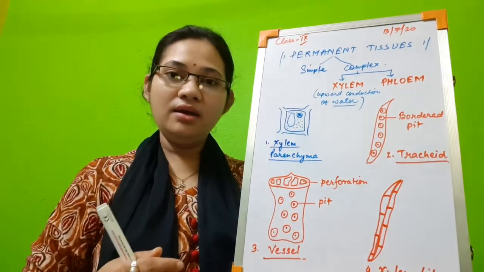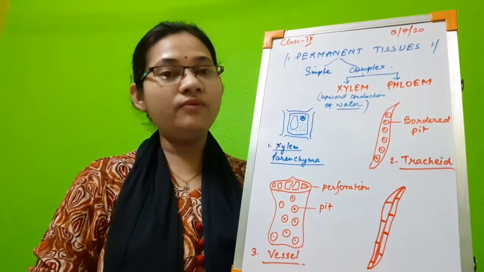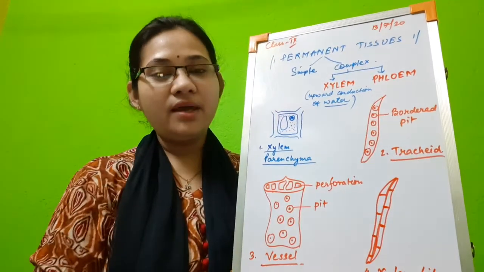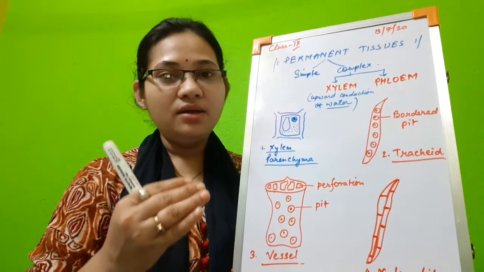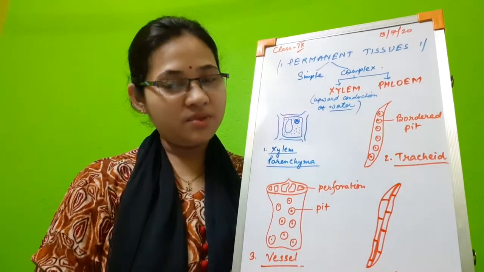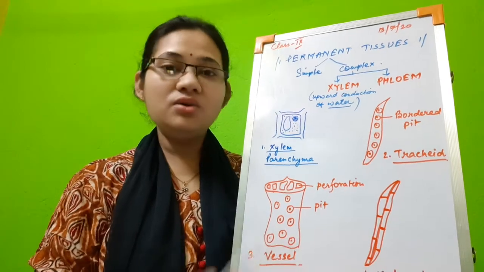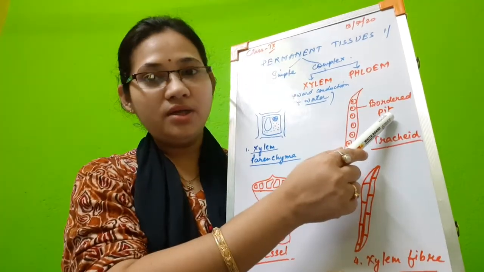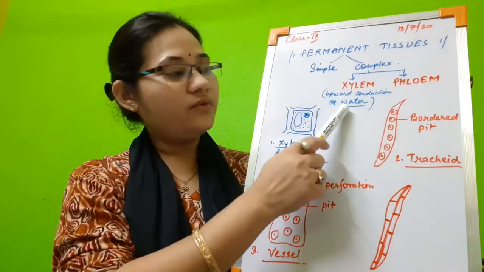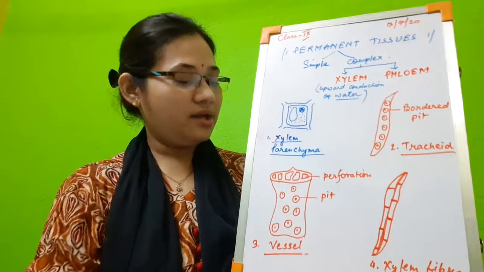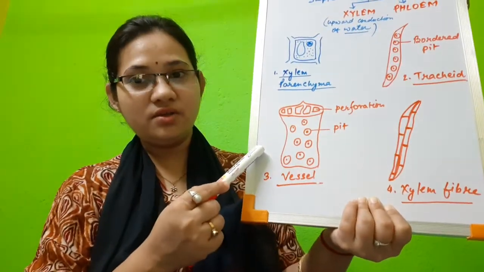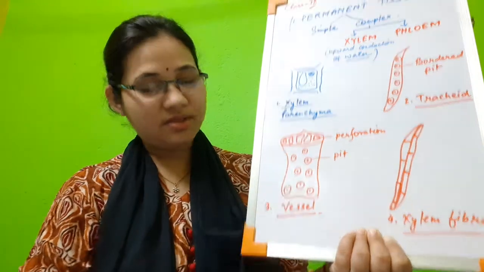That means there is deposition of lignin in these pits, and they help in the translocation of substances from one cell to another. So pits are openings through which conduction of water is possible in xylem. Here also in the vessels you can see that they have pits.